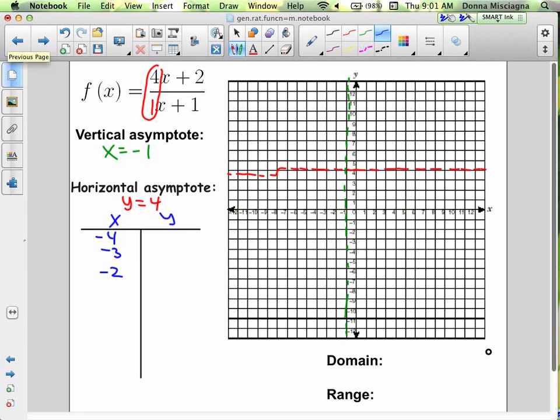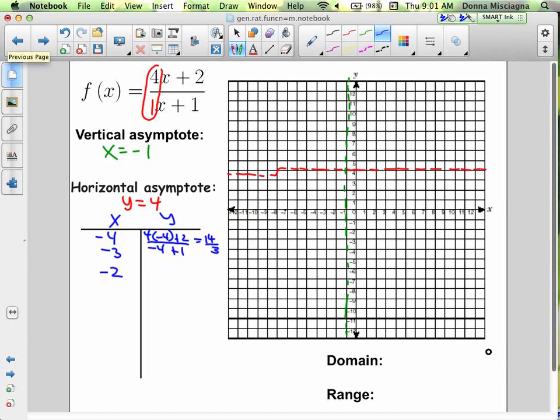So we have 4 times negative 4 plus 2, and then negative 4 plus 1. That's going to be negative 16, so negative 14 over negative 3, that's 14 thirds. That's okay. That's just 4 2/3.